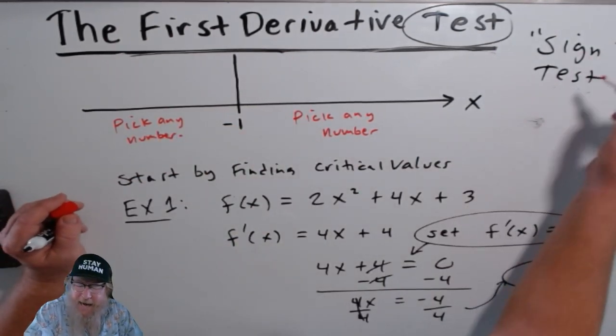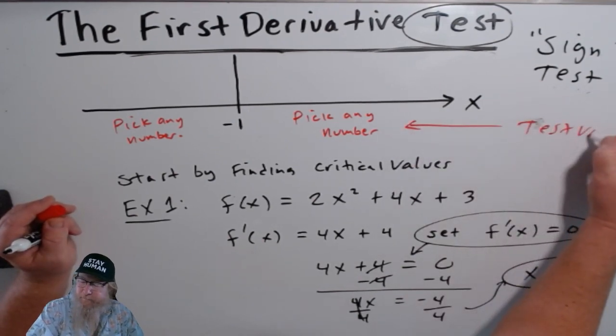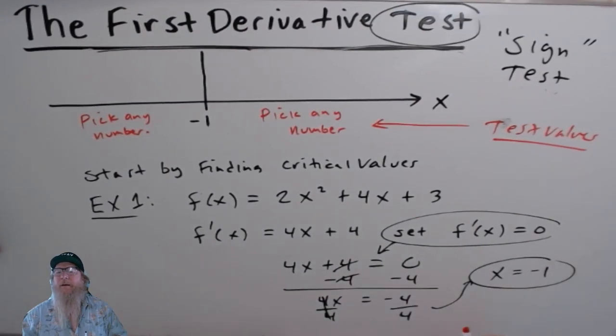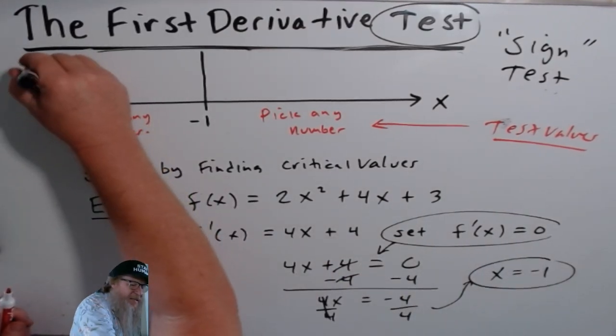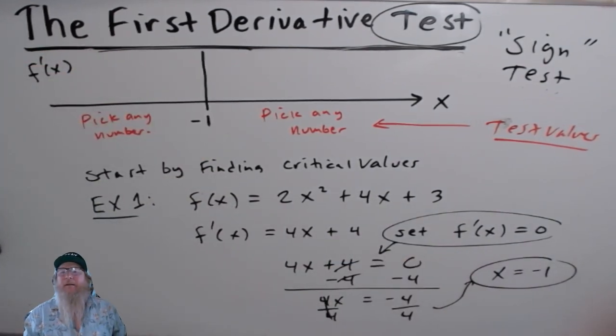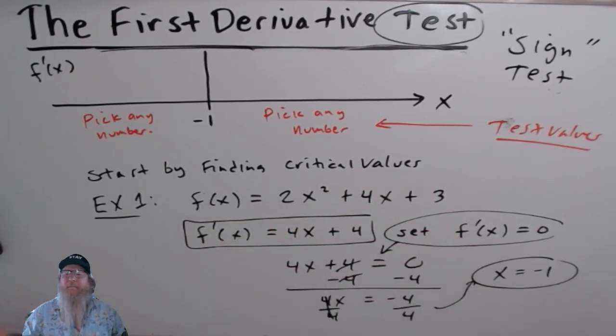These are what we call test values, or test numbers, whatever you want to call them. And this is the first derivative test. So we are testing f prime of x, which is right here. All right, let's go ahead and do it.